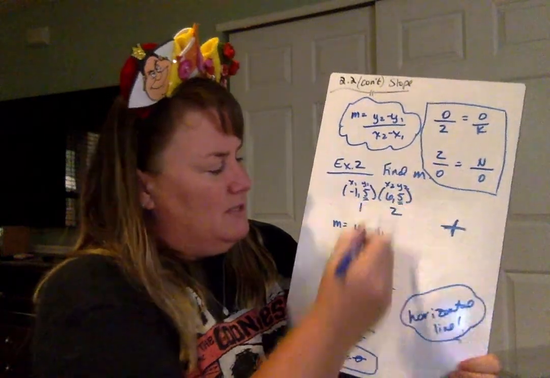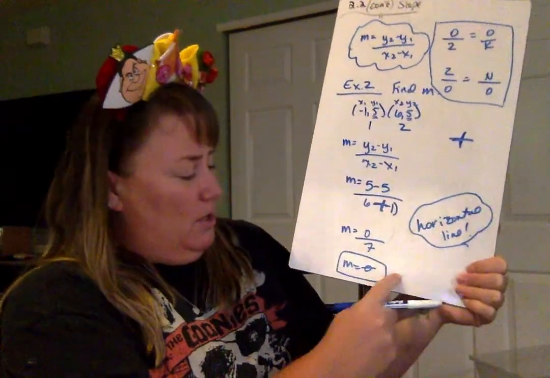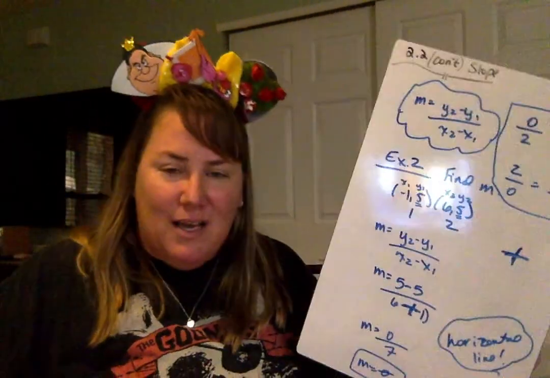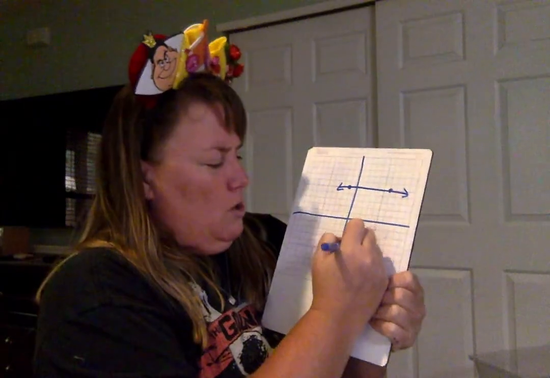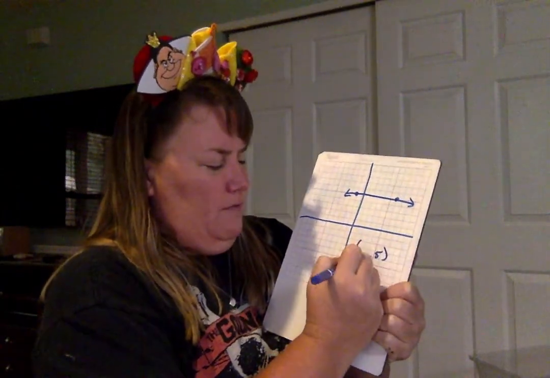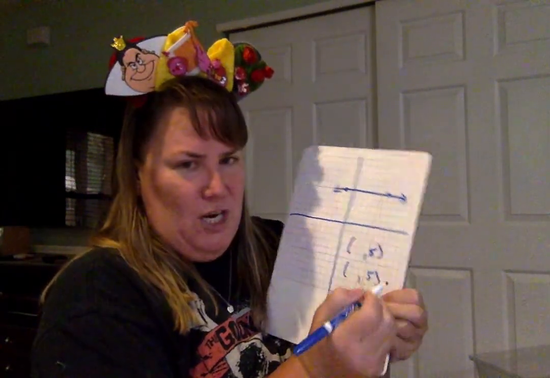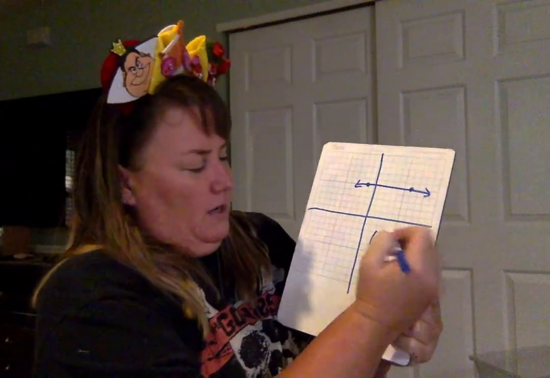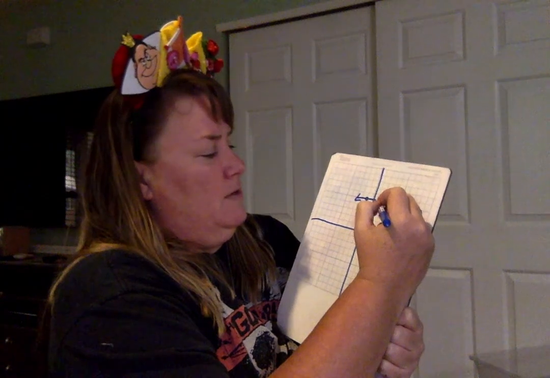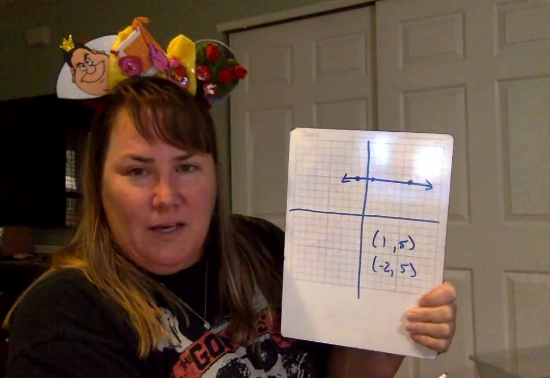So if your y's are the exact same number, you're going to end up with a slope of 0 because on your 2 points, when you graph that, remember when we graphed this? I said, oh, y is 5. Don't change it. You could fill in any of these numbers, okay? So if x was 1, y is 5, that would be right there. That would be on that line as well.